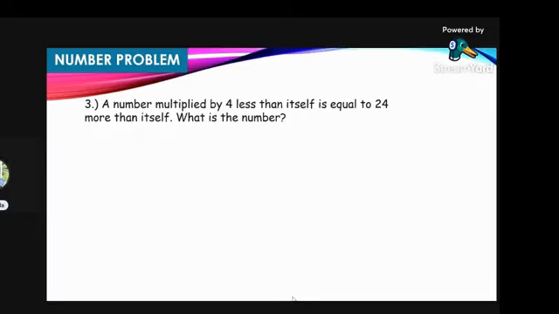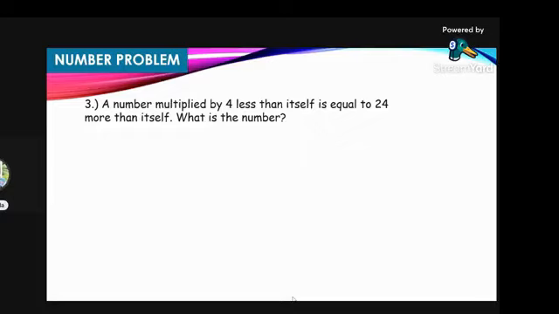Okay, comment down your answers. So a number multiplied by, so meaning we are going to represent that number with x.